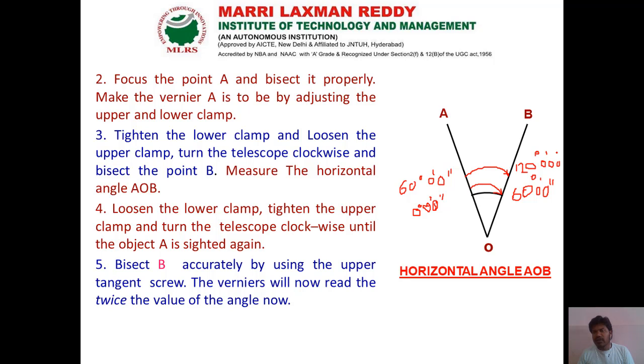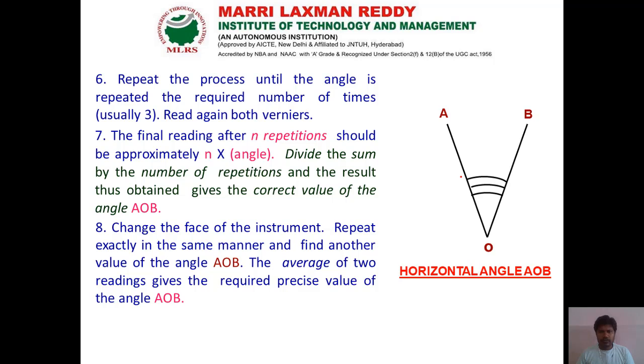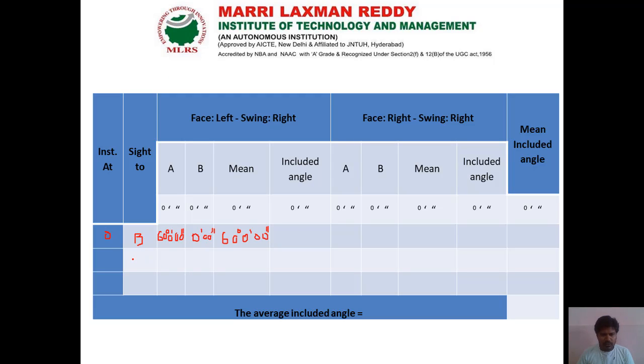Since we are cumulating the readings, we have to note down here, side to point B. So now the angle is 120 degrees, 0 minutes, 0 seconds. Here also 0 minutes, 0 seconds.